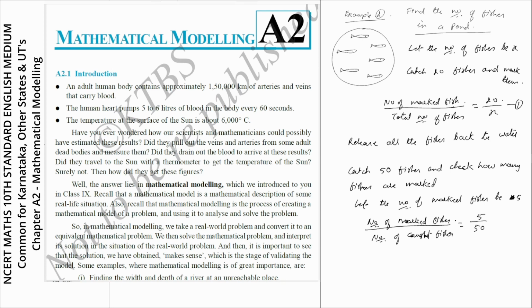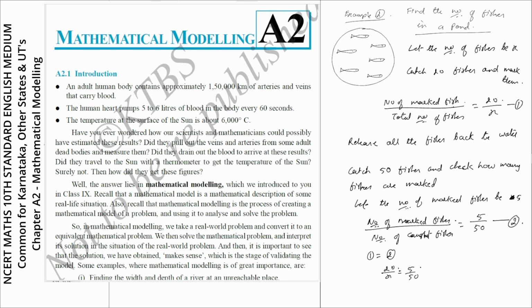So now the ratio is 5 by 50. Now this I'll mark as 2. Now actually 1 should be equal to 2. So I'll equate, so 20 by x is equal to 5 by 50.